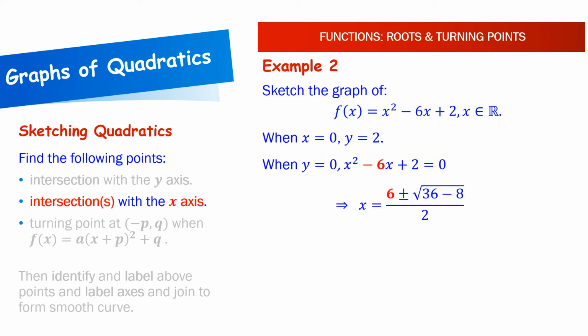So plugging in minus b plus or minus the square root of b squared minus 4ac all over 2a to give us x equals 3 plus or minus the square root of 28 all over 2. And then tidying up some more gives us x equals 3 plus or minus root 7.